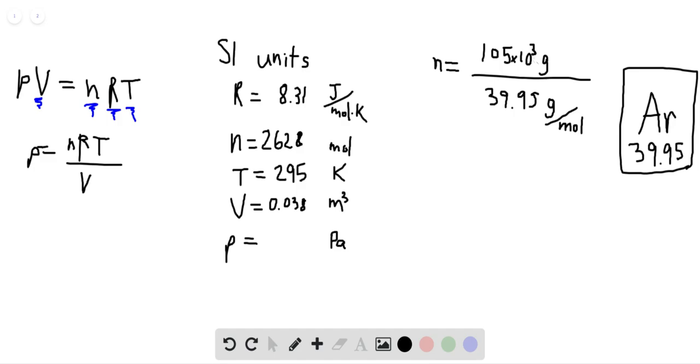Excellent. So now, placing all those numbers in this equation, we obtain a pressure of, and I didn't do this one yet, so I will run the numbers with you, but hopefully it should match the one from the manual.